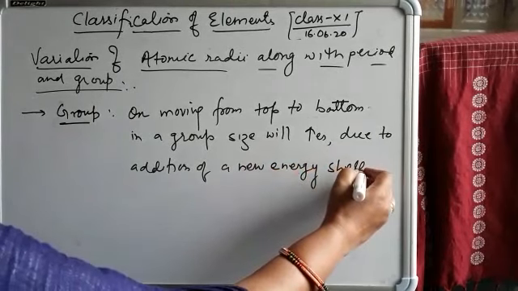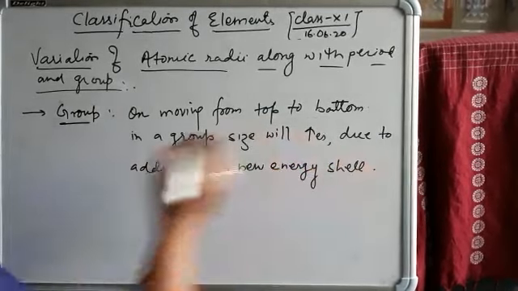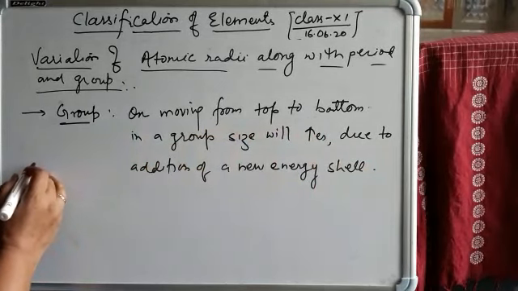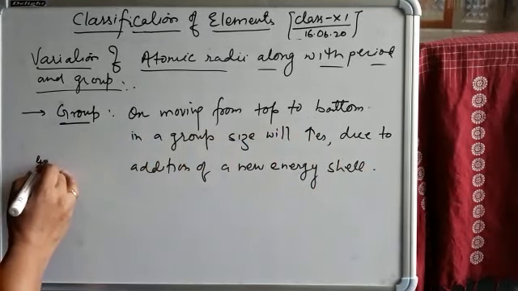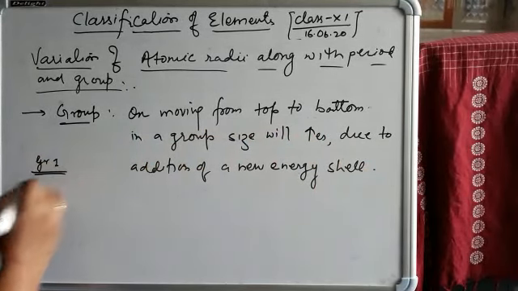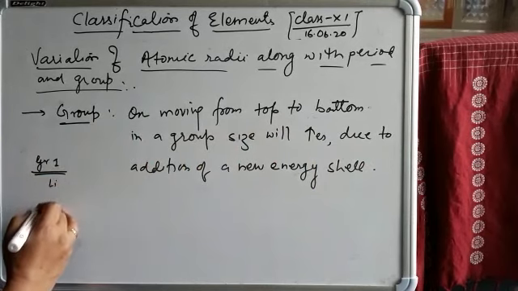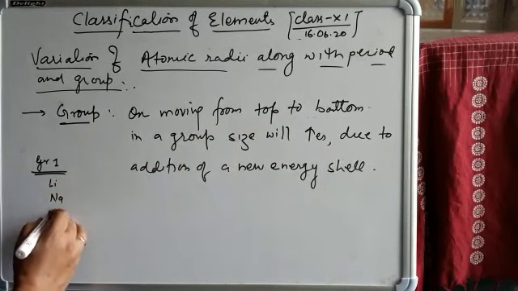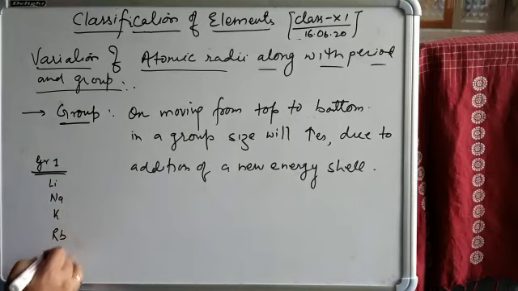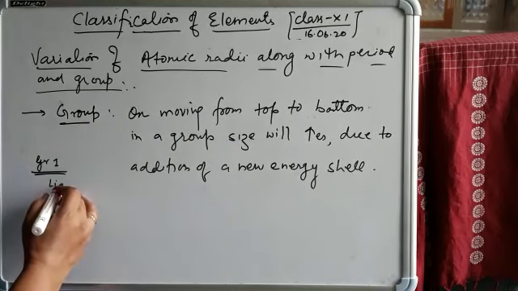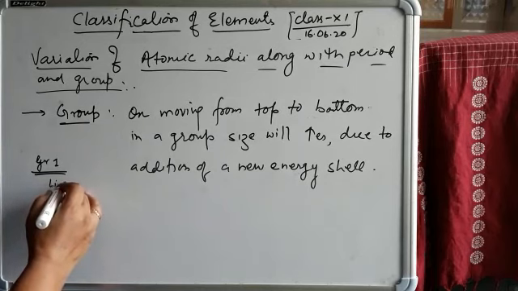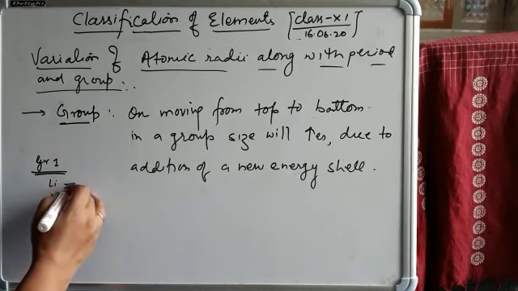So students, see here, if we talk about group 1, the first member is lithium, then sodium, potassium, rubidium, cesium and francium. So we can say that when we move from top to bottom, the number of shells increases.